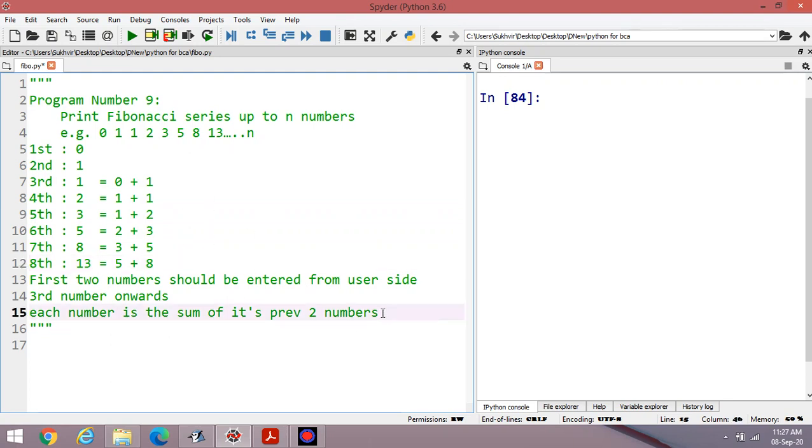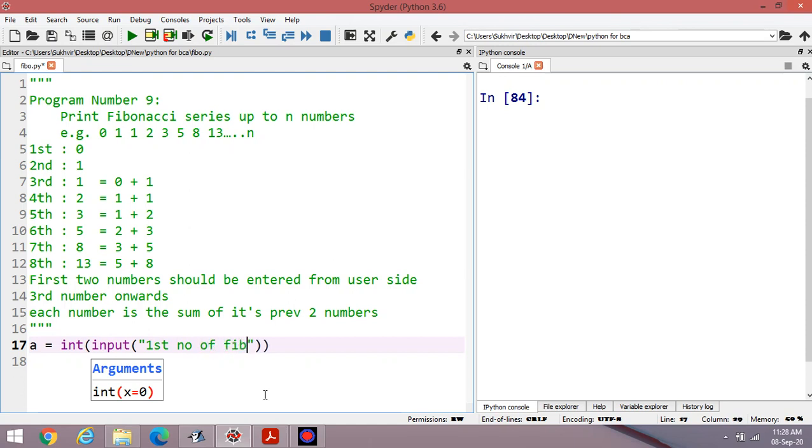Now how to execute the program? First of all, two numbers are required to be entered from the user side. For that, suppose I select a as the first number, with int input, and I write here: first number of Fibonacci series.